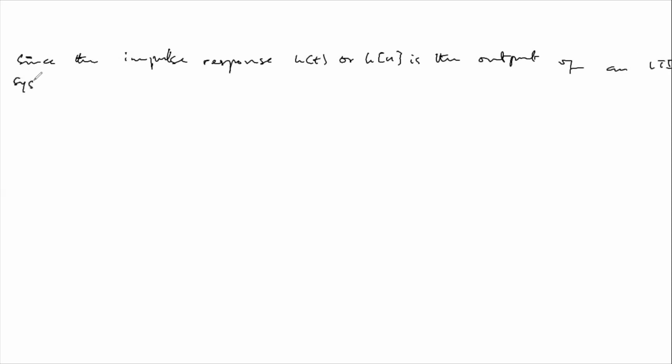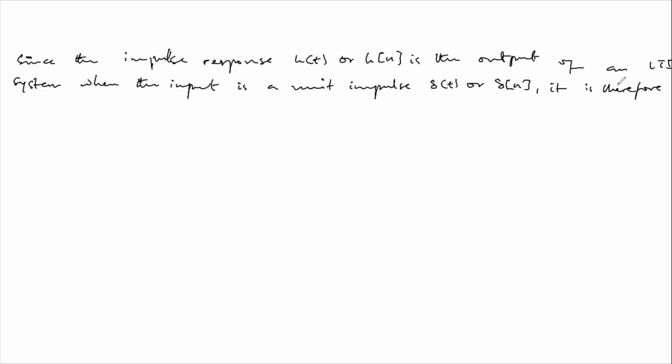Good. Since the impulse response h of t or h of n is the output of an LTI system, just as we defined earlier, when the input is a unit impulse, delta t or delta n, it is therefore sufficient to completely characterize a system.